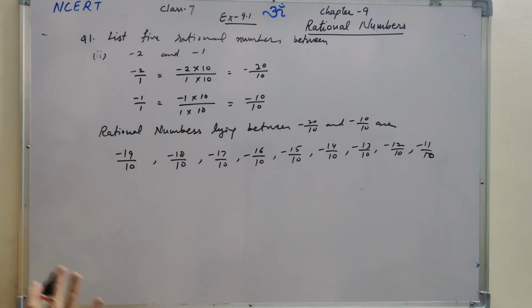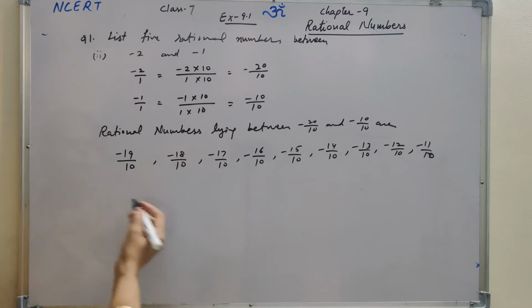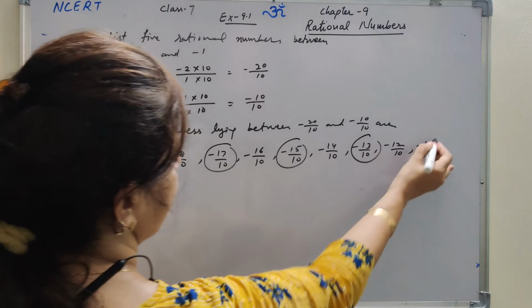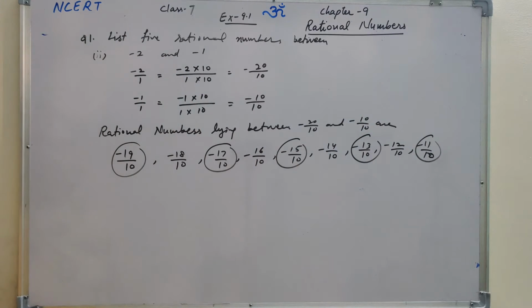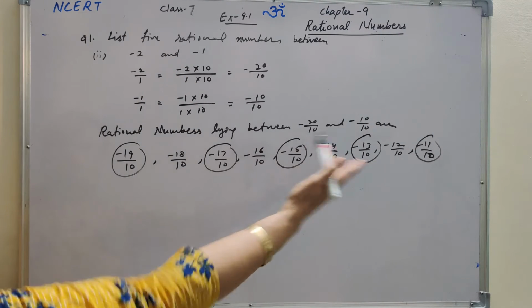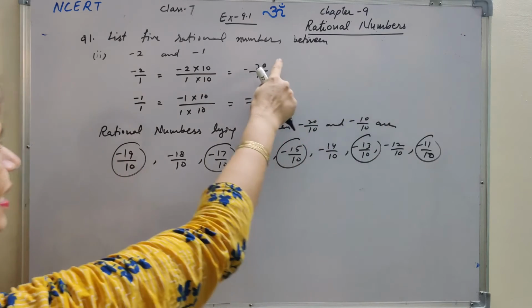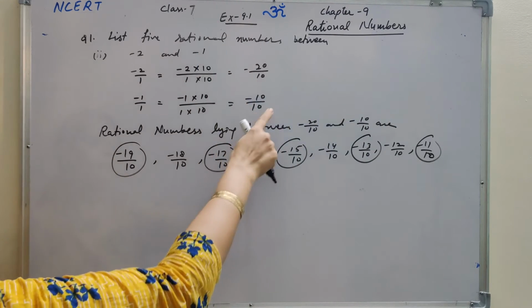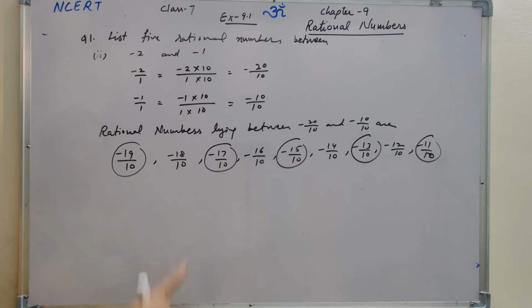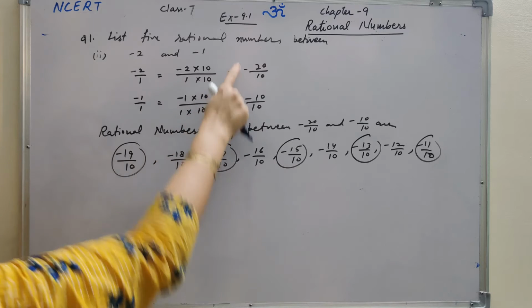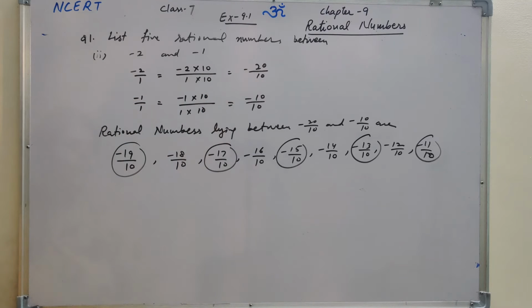And I have to write down only the 5. You can choose any. Let it be this and this. These are the 5 I have taken. You can choose others from this list also, because these are the rational numbers which are lying between minus 20 by 10 and minus 10 by 10. We have to take care the denominator should be same. And these are the equivalent of minus 2 and minus 1.